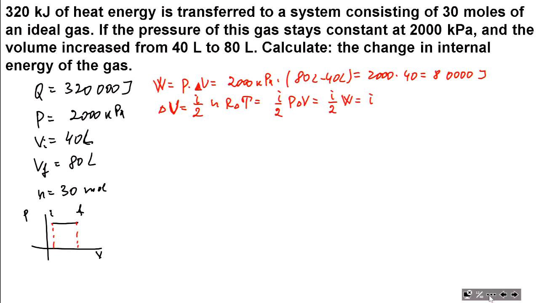So I times 80,000 over 2. Well, the issue is we don't know what type of gas it is. Monatomic, diatomic, polyatomic. So I could be equal to 3 or 5 or 6, and we don't know that.